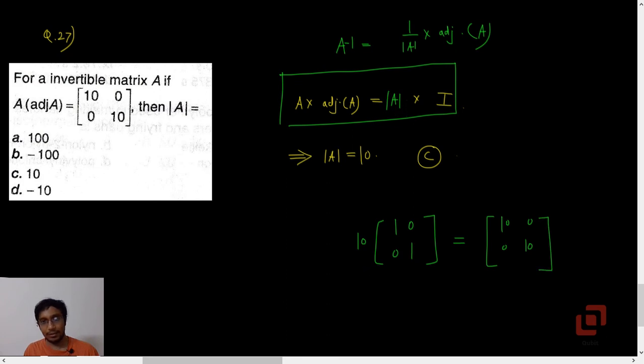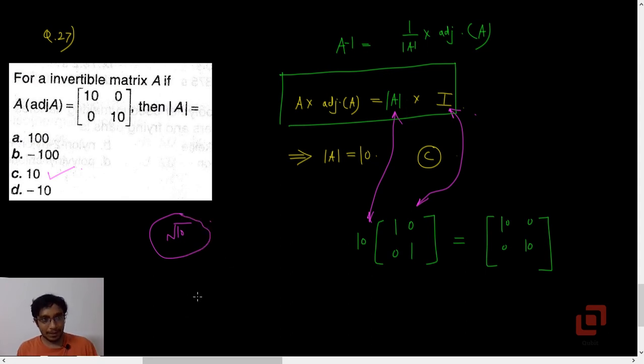So determinant of A must be equal to 10 because this is the identity matrix. Okay, so it's not 100 nor minus 100 nor minus 10, it is plus 10. The option root 10 can also be there to confuse you. Okay, well, so that is question 27.